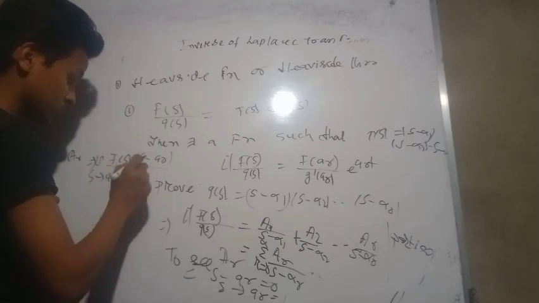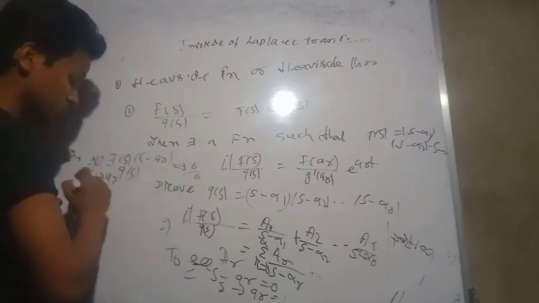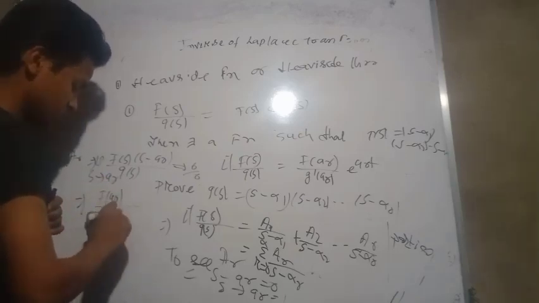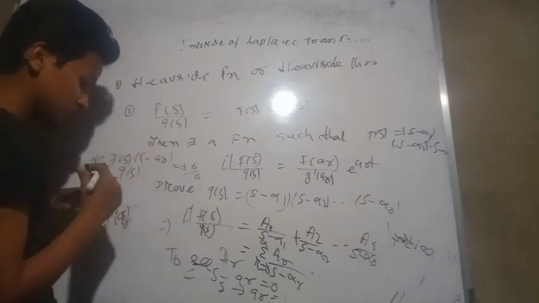When we put αr, that gives us 0 by 0, so by using L'Hôpital's theorem we get F(αr)/G'(αr). So that is our Ar.